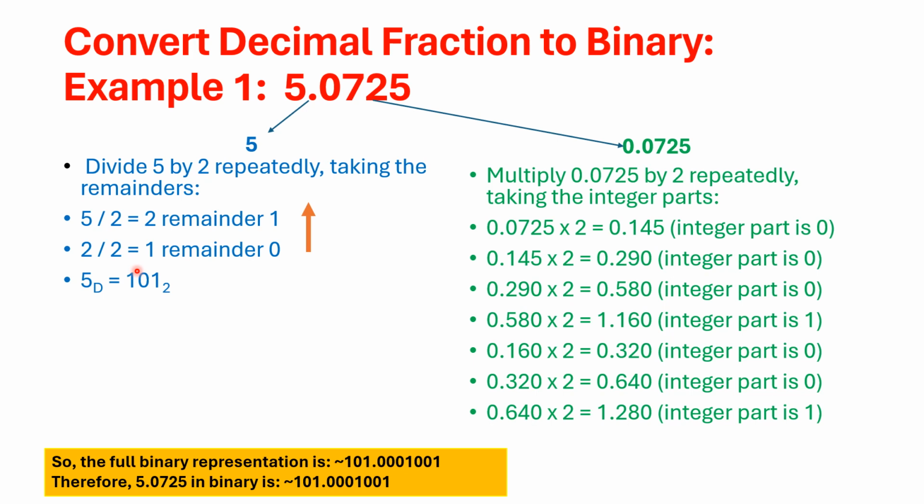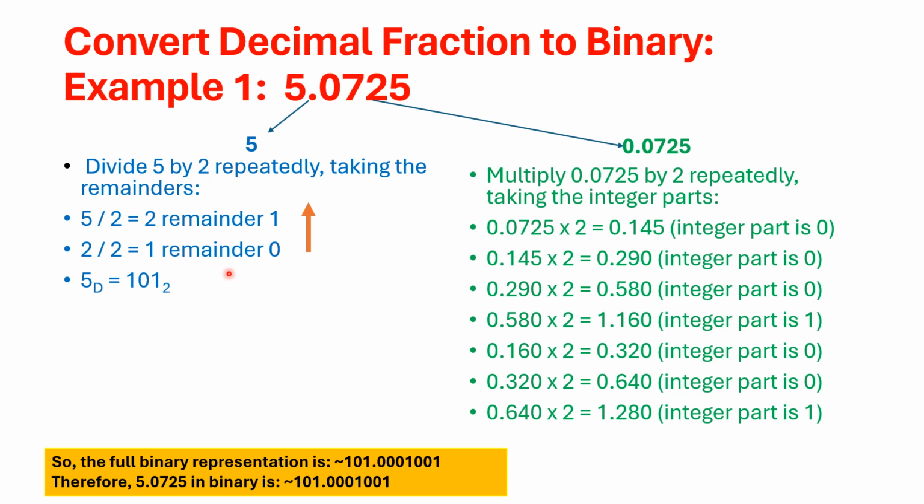The resultant is 1, with a remainder of 0. When the resultant is 1, it means that our binary conversion has been achieved. So we read from the bottom to the top for the integer. So 5 in binary is 101.